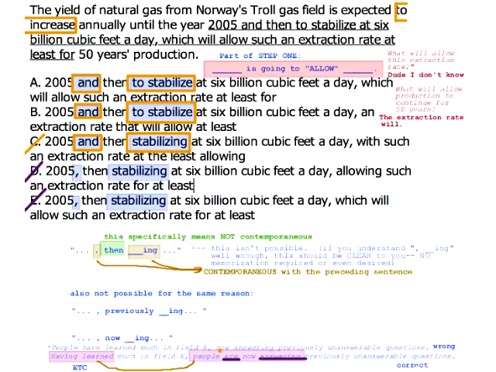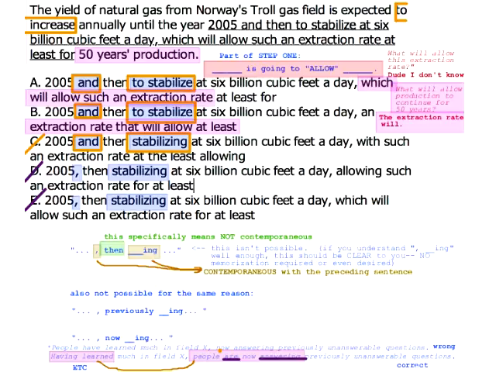And remember, this needs to be figured out before, not during, before the answer choices. Before you get to them, you need to figure this out. So this is the answer to our question. We need to say that the extraction rate will allow. This is exactly what choice B says. It is not what choice A says.